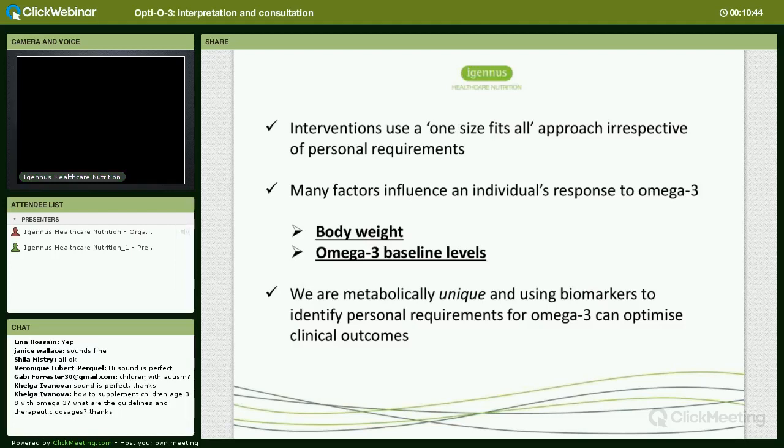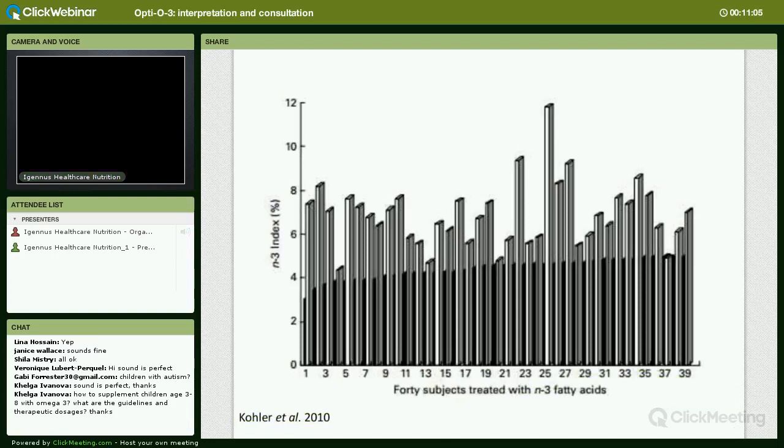And if we know body weight and omega-3 baseline levels, we can personalize dosing. However, it's also very well established that there are extremely high levels of inter-individual variability in how we respond. So as I've said, how I respond and how my client responds are going to be very different.